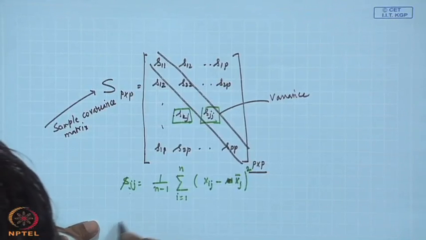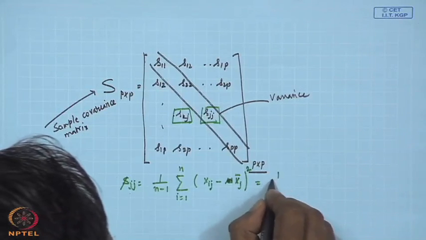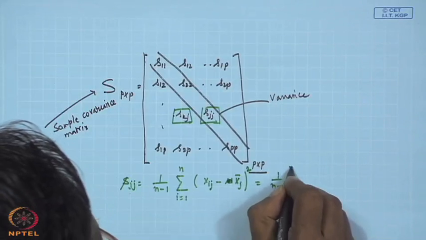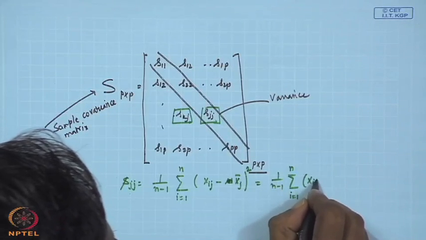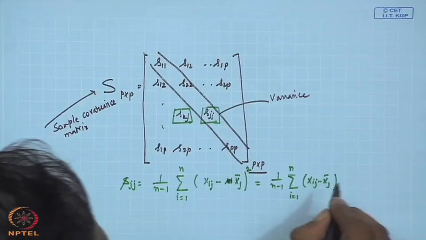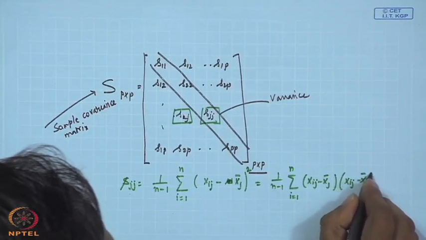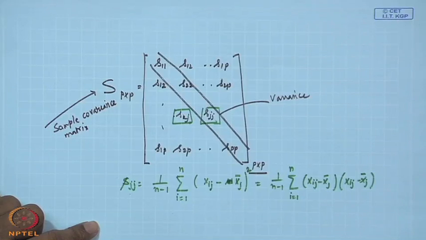Then I can write this one like this: 1 by n minus 1, sum total of i equal to 1 to n, x i j minus x j bar, and again x i j minus x j bar, same thing.